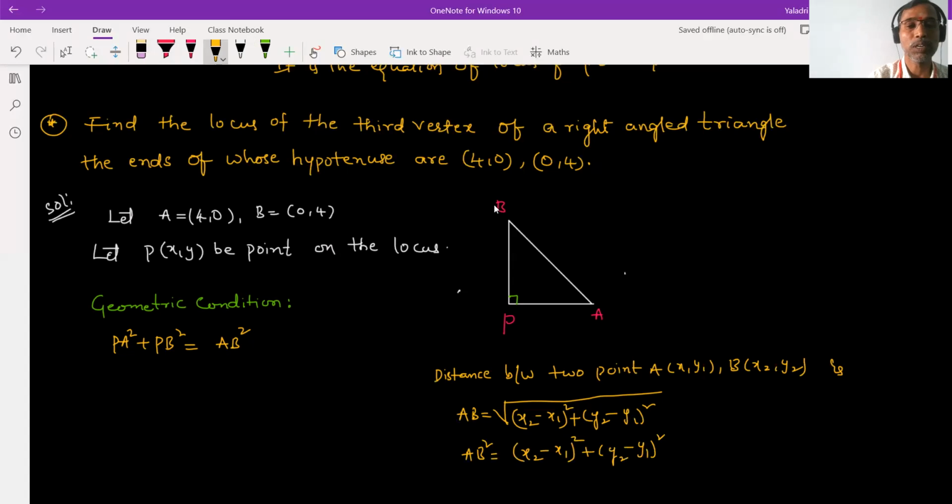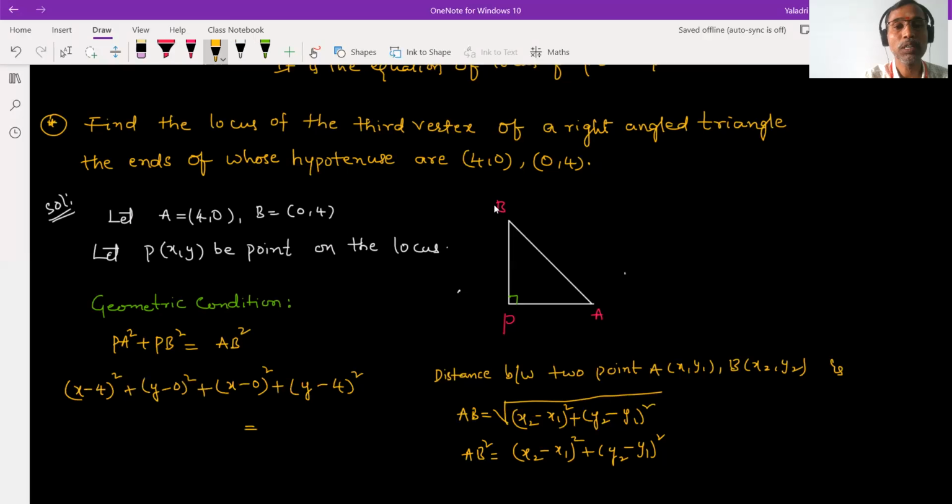Now we should apply this one here. How to write PA? PA means these two points, and PB is this one. So that is (x minus 4) whole square plus (y minus 0) whole square, plus PB: (x minus 0) whole square plus (y minus 4) whole square, which is equal to AB square.